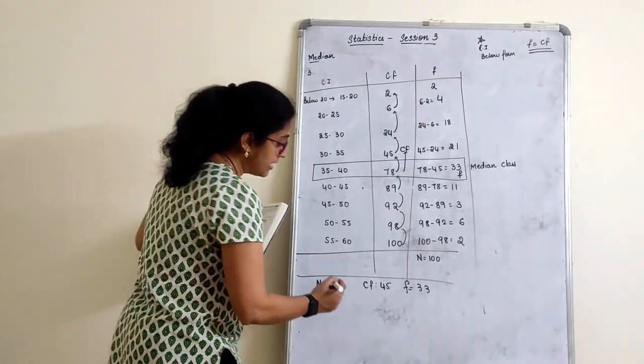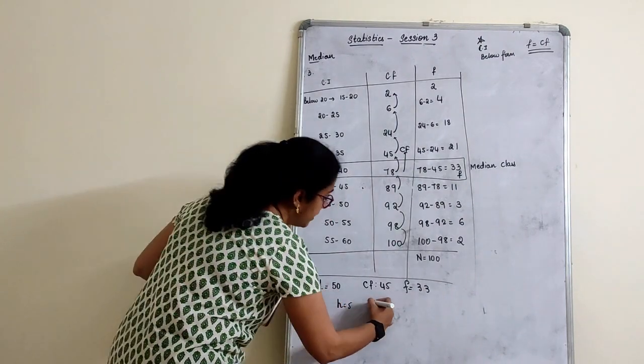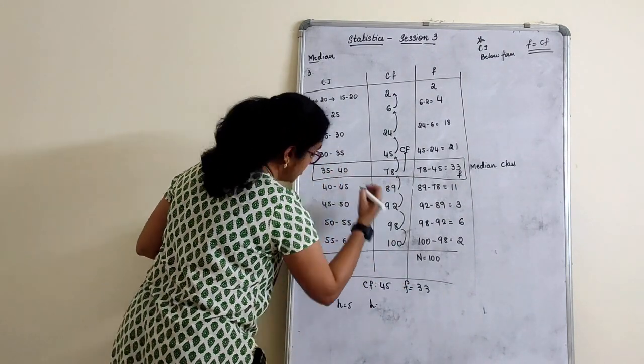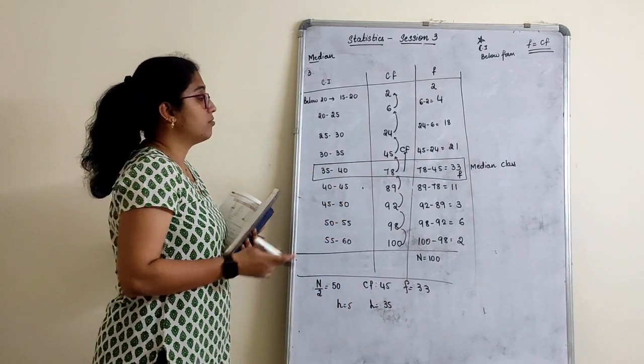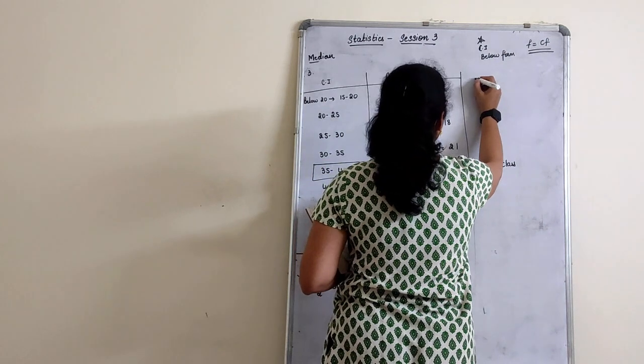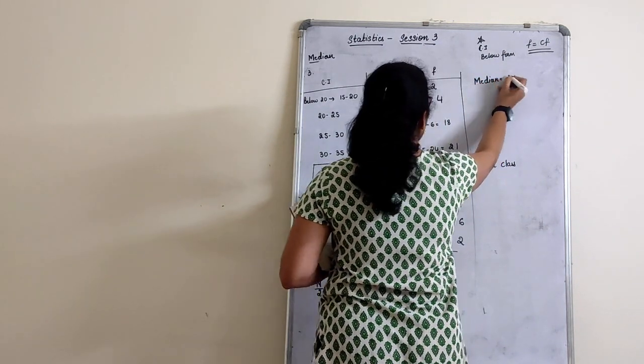Okay, size of the class interval is 5. Lower limit is 35. Let us substitute the formula now. The remaining part I think you can do. Again a simple calculation.